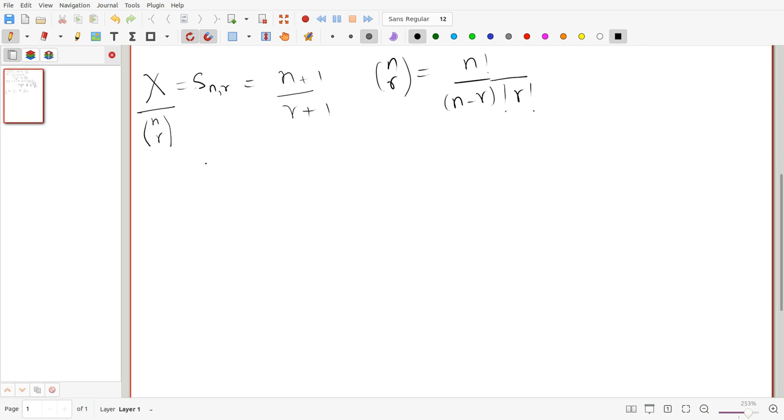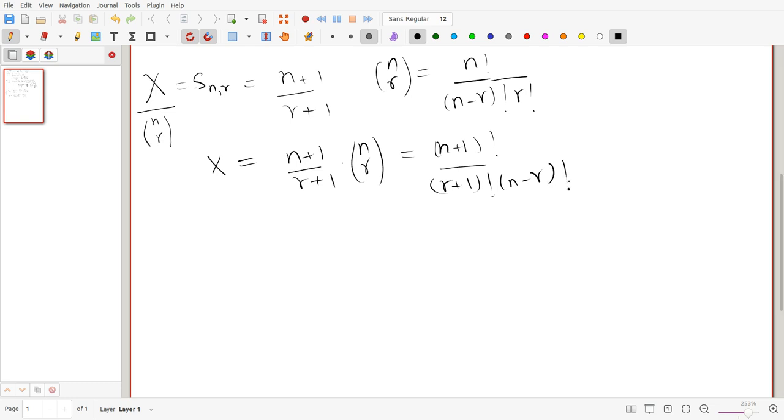What if I were to say this is the same as saying, well, x equals n plus 1 over R plus 1 times n choose R. And if you believe that this is equal to this expression, then this thing combined with this is actually n plus 1 factorial over R plus 1 factorial times n minus R factorial, which actually happens to be n plus 1 choose R plus 1, following this notation here.